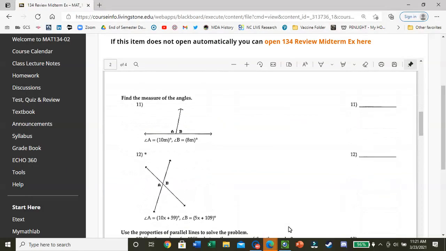Okay, problem 11. Any questions there? Find the measure of the angles. What do we do with these two angles? Add, subtract. What do we do?